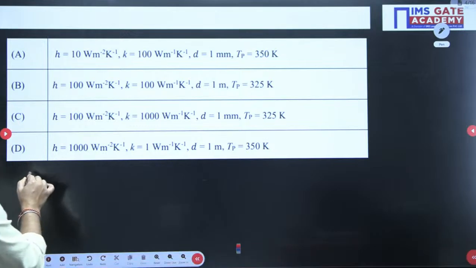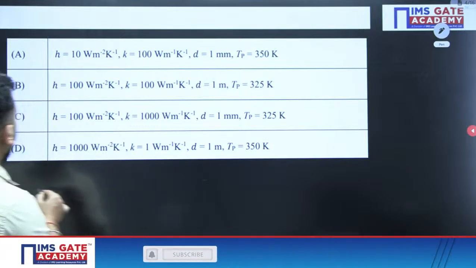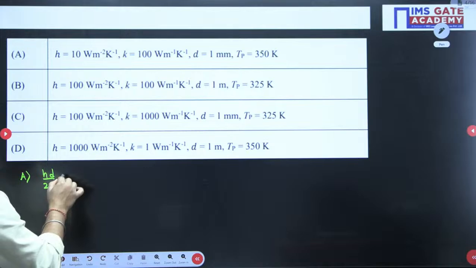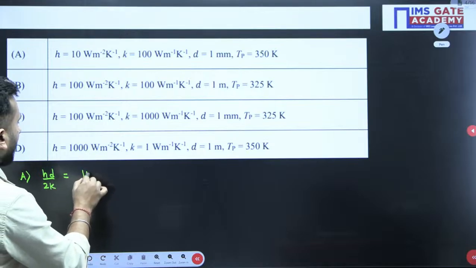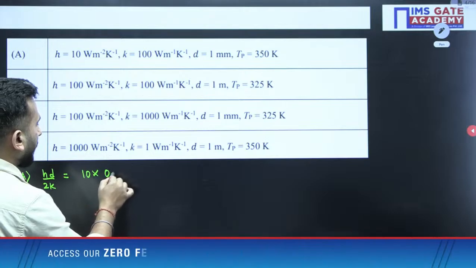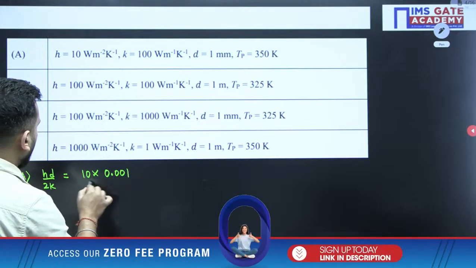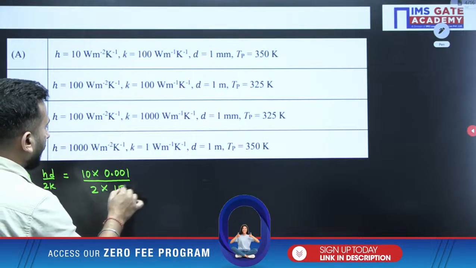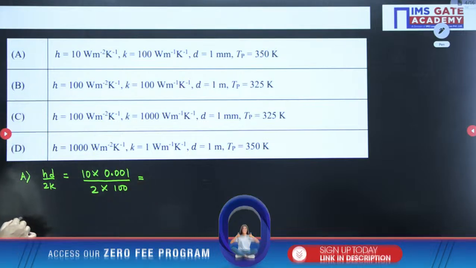Let's say in the first case, HD by 2K: H value is 10, D I will put in meters, so 0.001, divided by 2 into K value 100. This will give me some value.